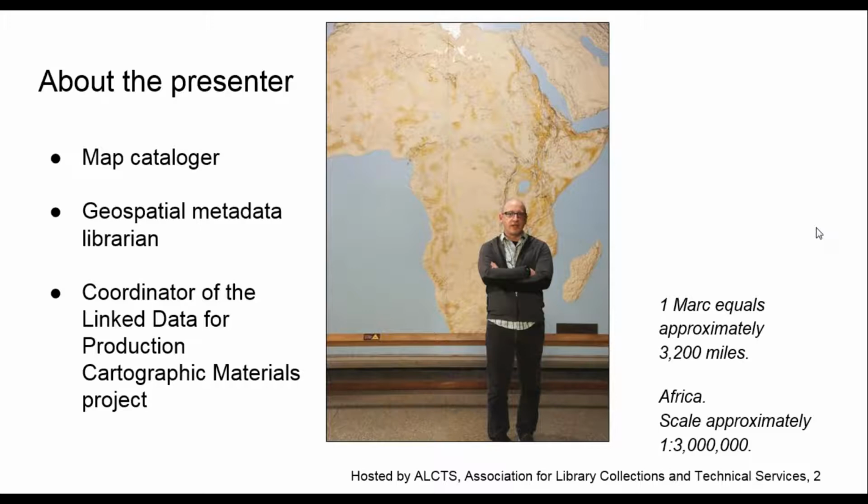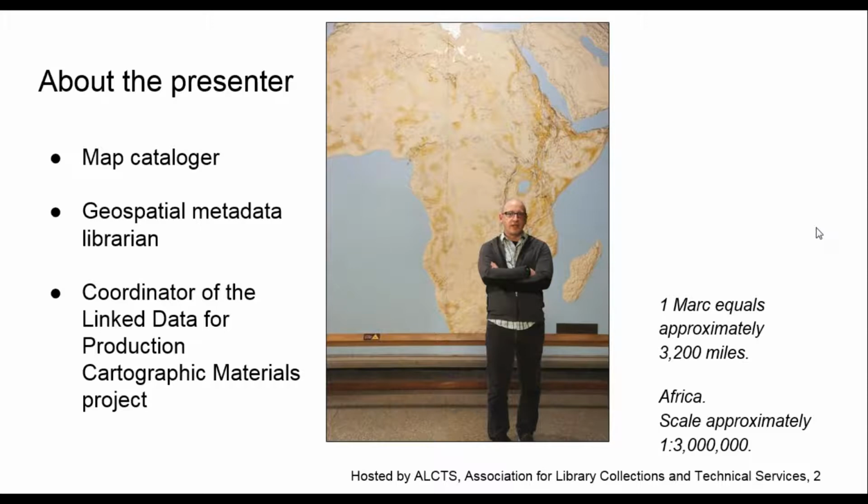Today, I'll be speaking to you as the coordinator of the Linked Data for Libraries Production Cartographic Materials project, which I'll be going into more detail momentarily. And of course, I couldn't resist the opportunity to include this photo and then try to calculate the scale of the map behind me. 1 mark equals approximately 3,200 miles here.